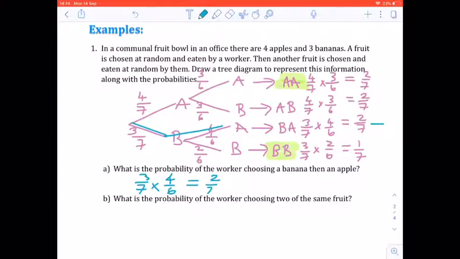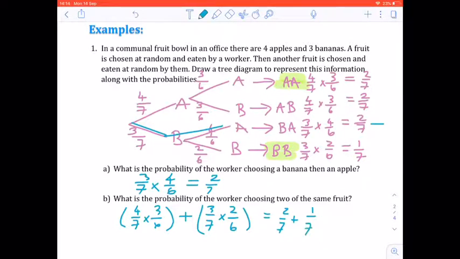So we do the first branch, which is apple, apple, which is 4 over 7 times 3 over 6. But then we're going to add the other branch in as well. And that branch is 3 over 7 times 2 over 6 for banana, banana. So that means we have 2 over 7 plus 1 over 7, which equals 3 over 7.